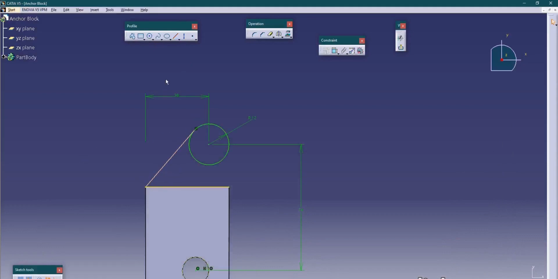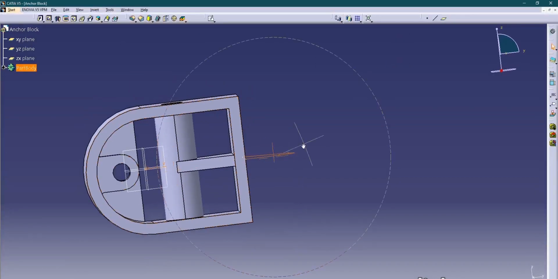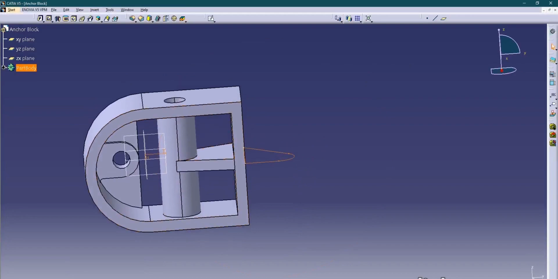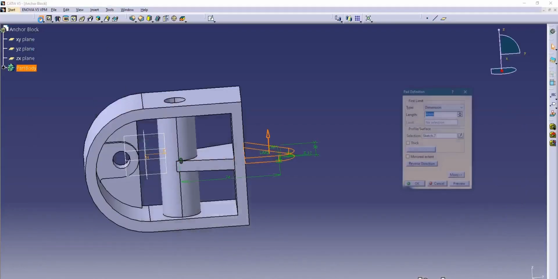Disable the construction mode, make it tangent, and taking the other line, okay. So 38 plus 10, 48 and plus 10, 58, this would be padded.